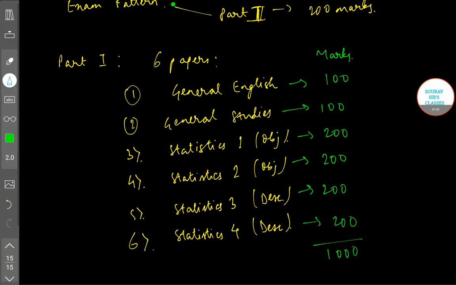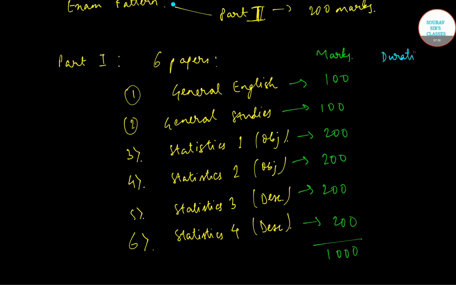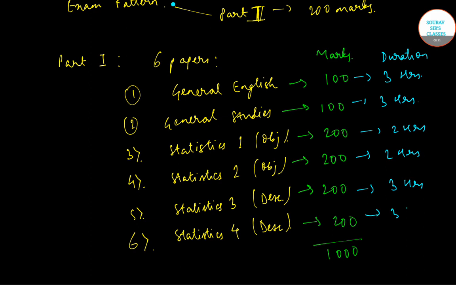And the duration for each exam is, for General English, 3 hours. For General Studies, 3 hours. For Statistics 1 and 2, it is 2 hours each. And for 3 and 4, it is again 3 hours each.